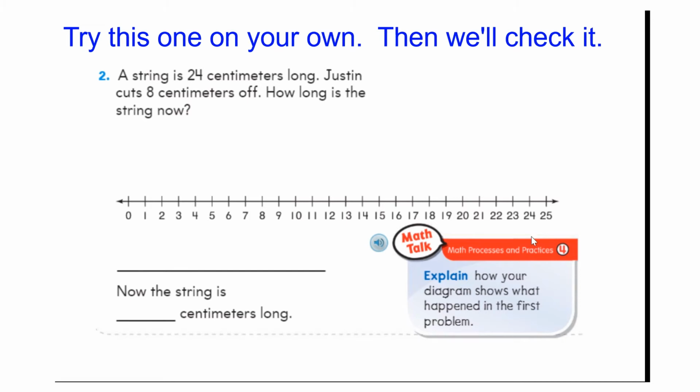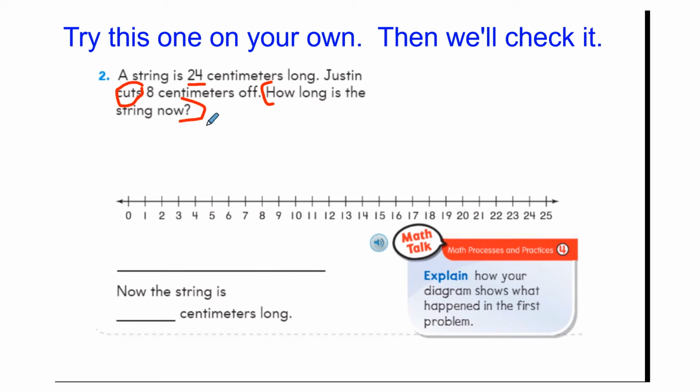A string is 24 centimeters long. Justin cuts. Cuts is a big bossy word here. It's going to tell us if we add or subtract. Justin cuts 8 centimeters off. The question is, how long is the string now? It's always good to bracket your questions so you know what you're looking for.